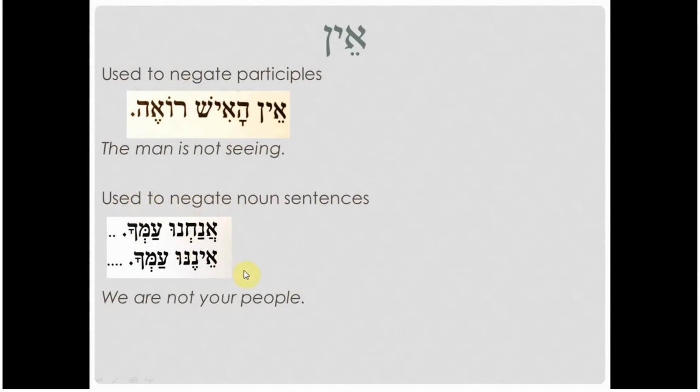Einenu amcha. Einenu amcha, we are not your people. So what you see happening is the pronoun here, which is independent, is actually attached to the ein, einenu. So you have not are we your people as one wooden way of doing it, but in the end of the day, it's we are not your people. That's how we would translate it in idiomatic English.